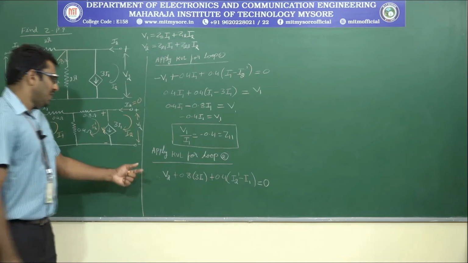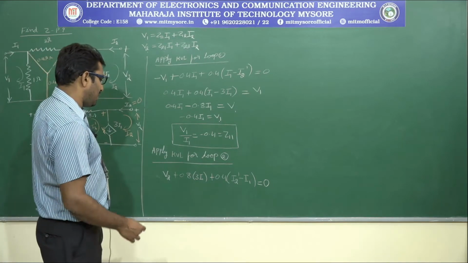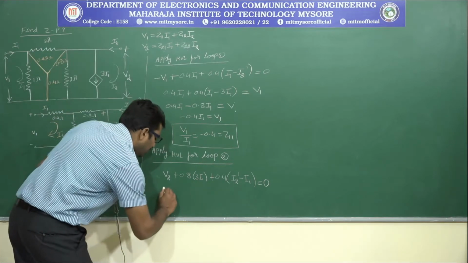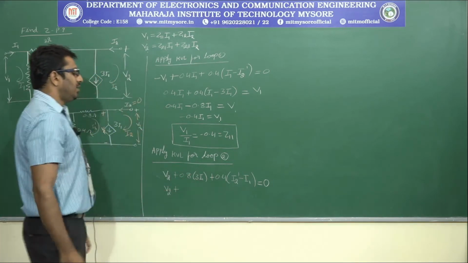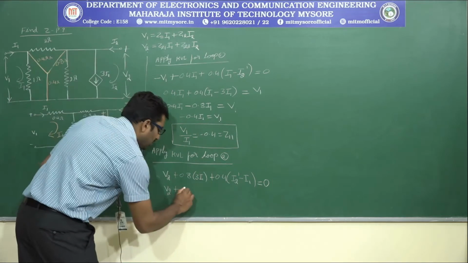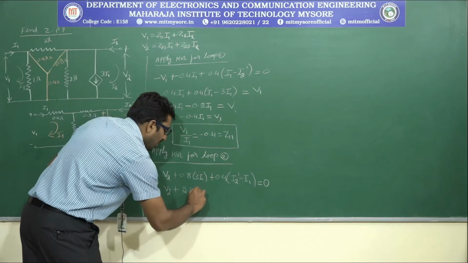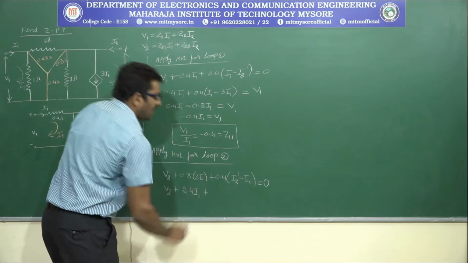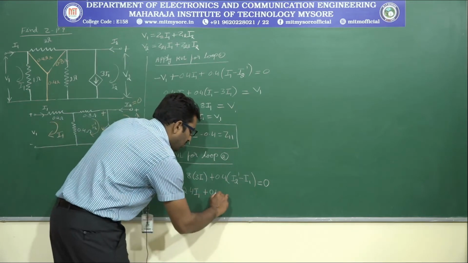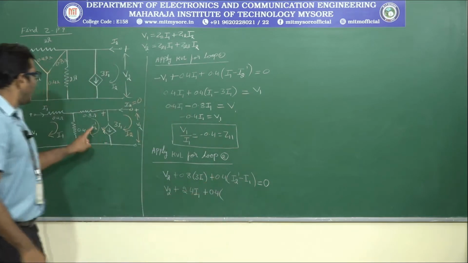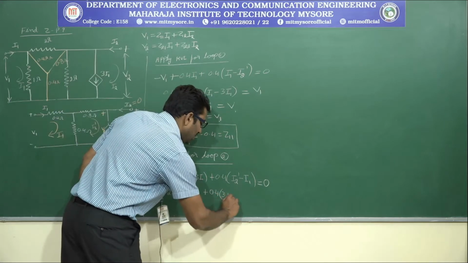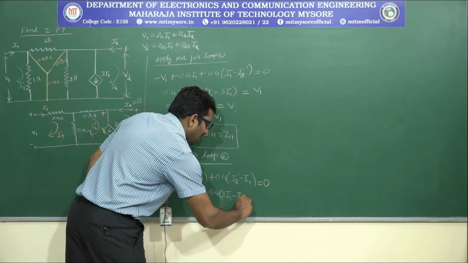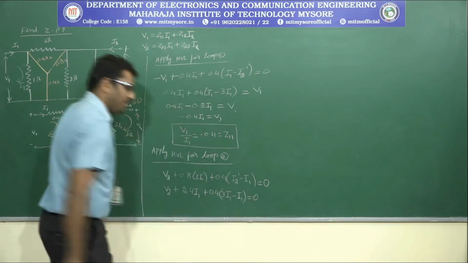Is it clear? Next, first simplify this equation. V2 plus 0.8 into 3, 2.4 I1, plus 0.4 into (I2 dash, which is nothing but 3I1, minus I1), that is equal to 0.